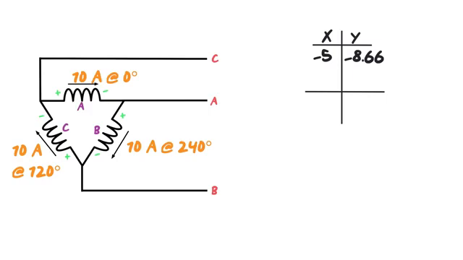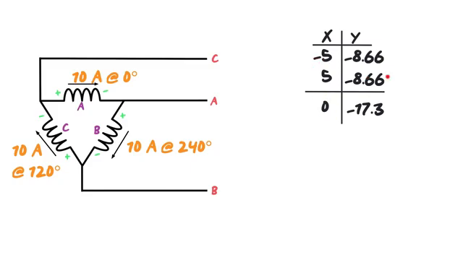I'm going to be adding the C to the B phase here. So if I go negative 10 times the cos of 120, I end up with negative 5. Negative 10 times the sine of 120 ends up with negative 8.66. Positive 10 times the cos of 240 gives me 5.